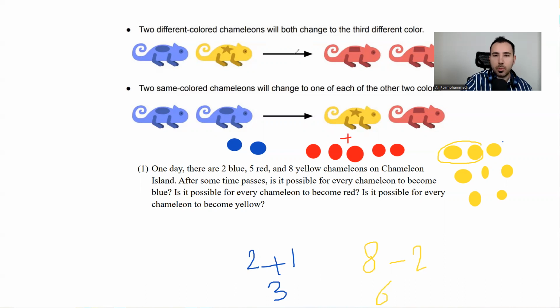And if we do it one more, again, yellows will be minus by 2, blues will be plus by 1, red will be plus by 1. Look what happened here. We'll have 4 blues and we will have 4 yellows. So eventually it would be 4, 4, right?